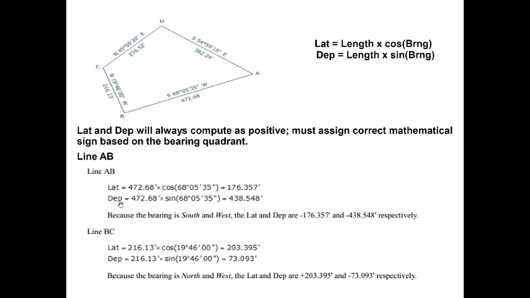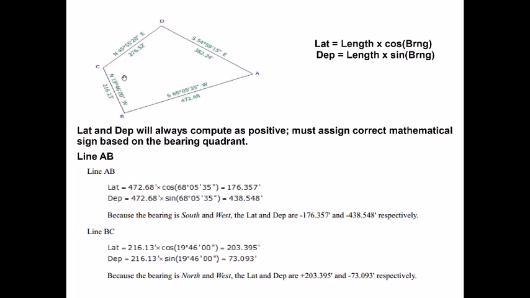For departure, same equation, length multiplied by sine of the bearing, and we get this value. Since it is west, the departure will also get a negative sign. Now for the line BC, for the latitude, we use the length of the side, which is 216.13, multiplied by cos of bearing 19 degrees 45 minutes, and we get 203.395.